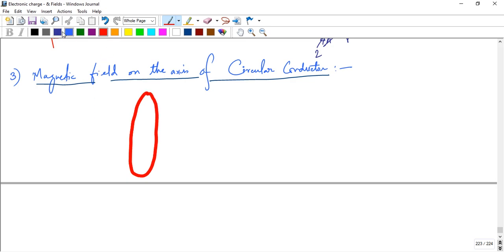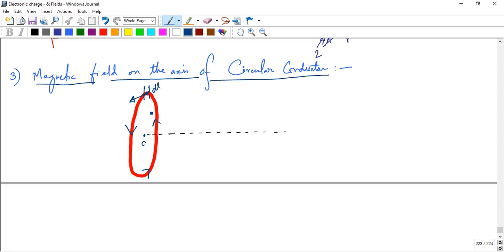Now there's the center point C. The axis of the circular conductor passes through C. Now say the current flows in that direction, I.